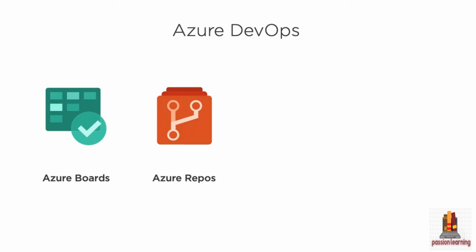You have Azure Repos, so you can store your files out in Azure and the source control using Git or using the Team Foundation version control model that you may be used to if you've used Team Foundation Server on premises. Azure Pipelines give you build and release pipelines that allow you to do builds either on servers out in Azure or your own servers, and then release that code once it's built out into the different environments.